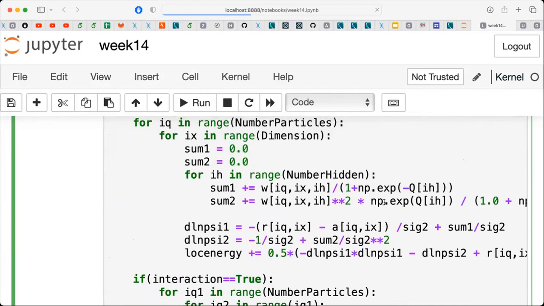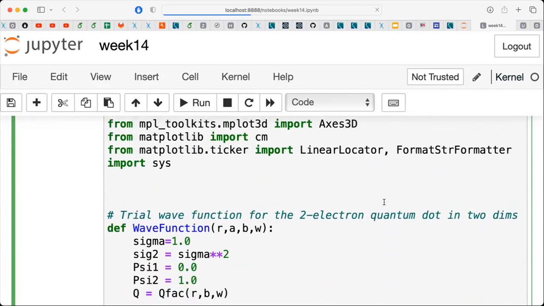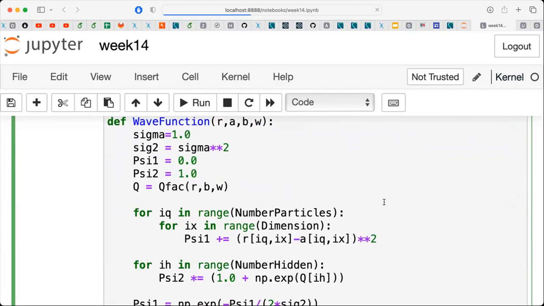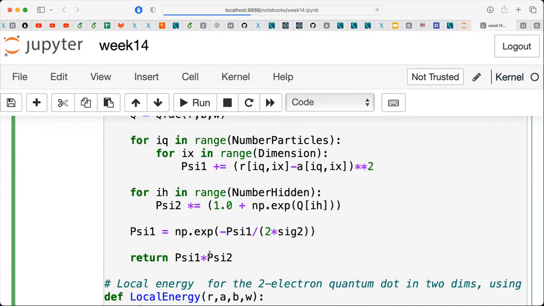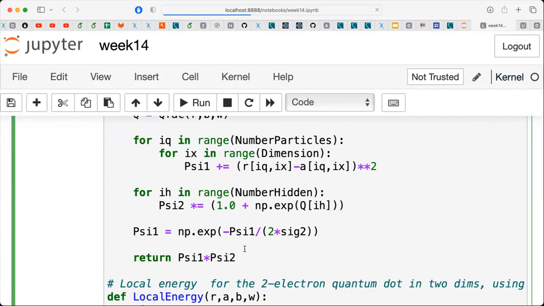So we need now a local energy and also a wave function, which is now given in terms of the Boltzmann machine. So in my case, I would have a wave function where I also need to take into account the hidden layers. The result which I am returning has summed out the hidden layer.